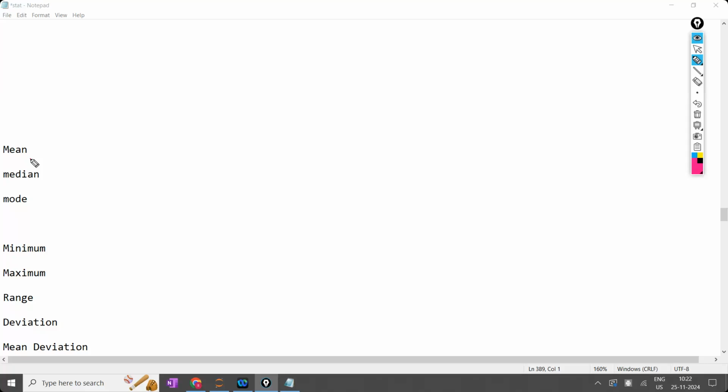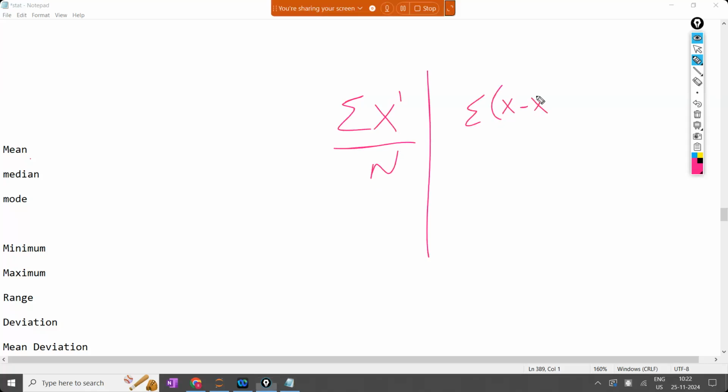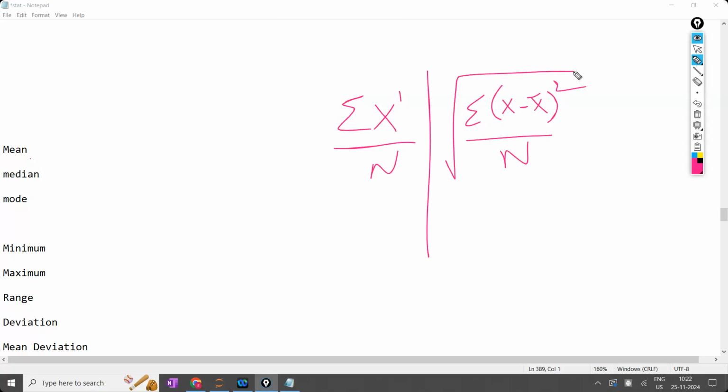The second reason is that the first business movement will have x to the power of 1. Mean value will have x to the power of 1. Your second business movement will have (x minus x bar) whole square divided by n, or its square root, which is standard deviation. So the power of square will be there.